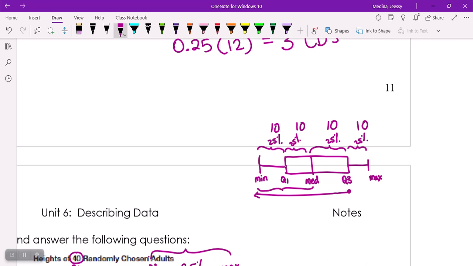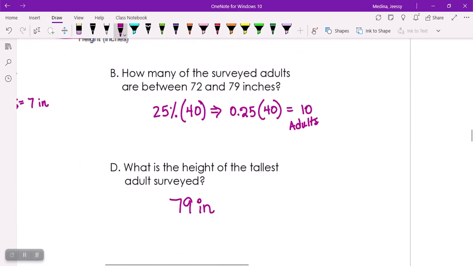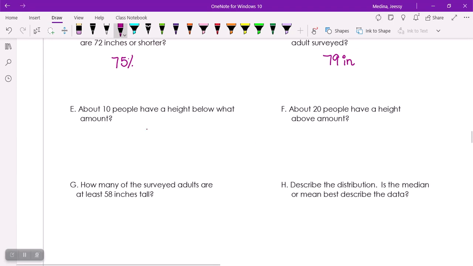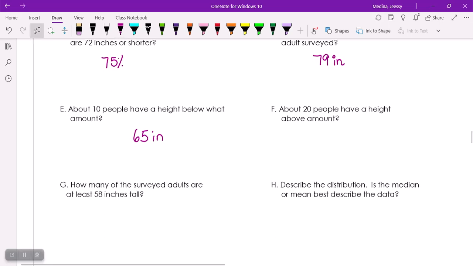So from Q1 and lower, you have 10 adults. Clear? What's the value of Q1? 65. Okay, so about 10 people have a height of 65 inches or lower. About 20 people have a height above what amount?